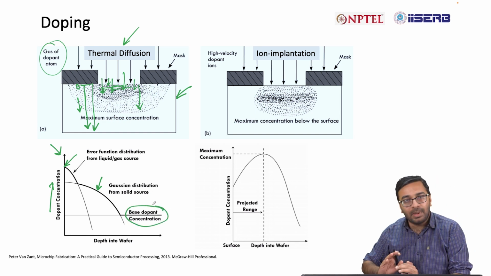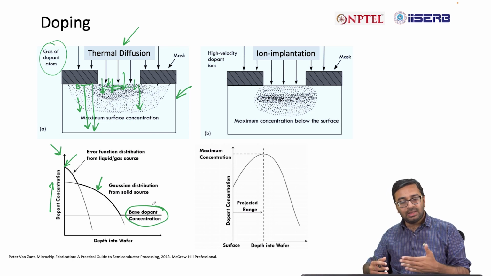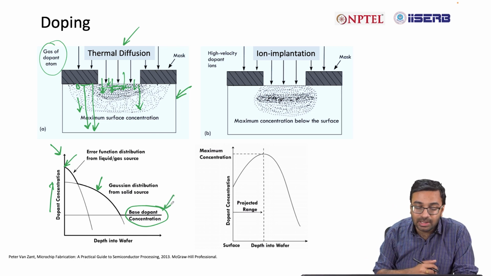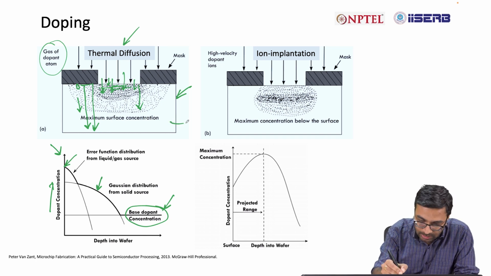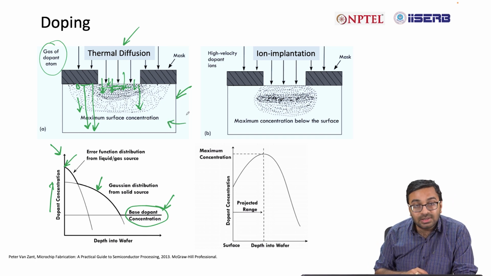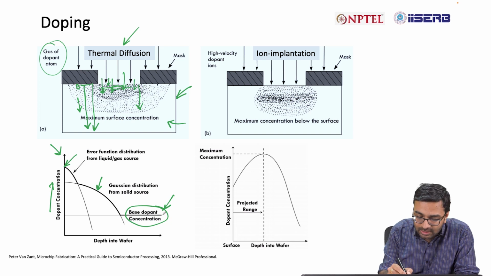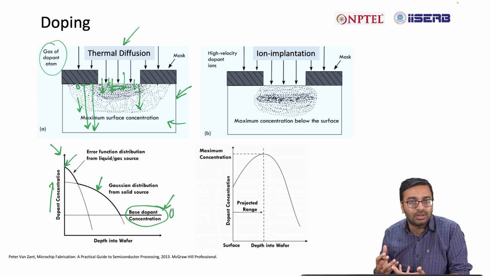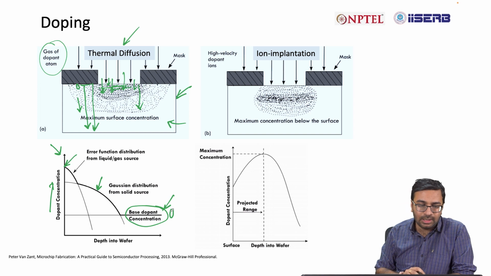If there is some base dopant concentration previously, then there will be the base dopant concentration deep inside the material. If the substrate is intrinsic silicon, then this base dopant concentration is basically 0, because there is no concentration of dopant atoms in the intrinsic silicon substrate, right?